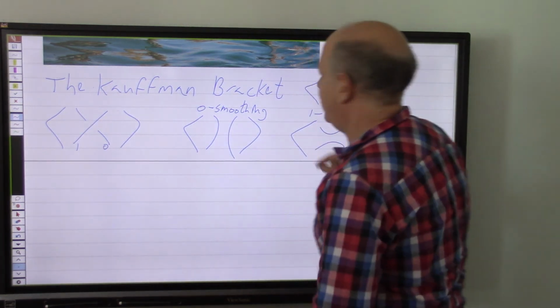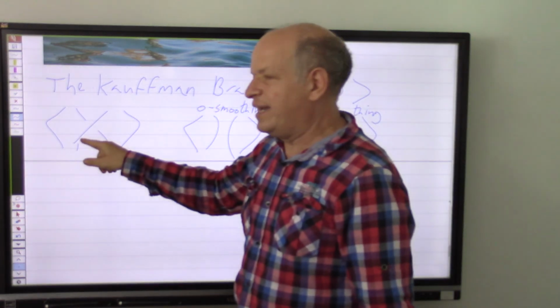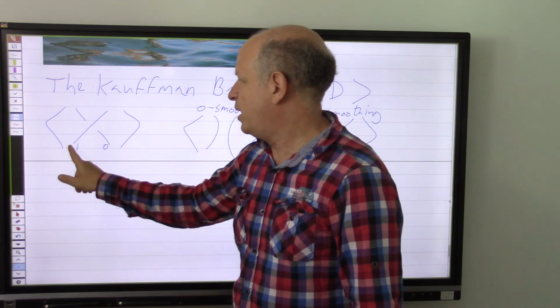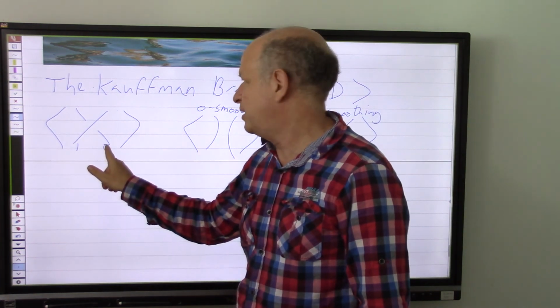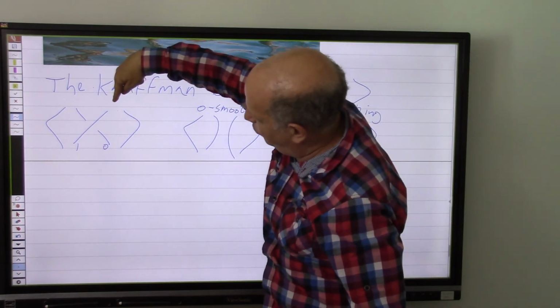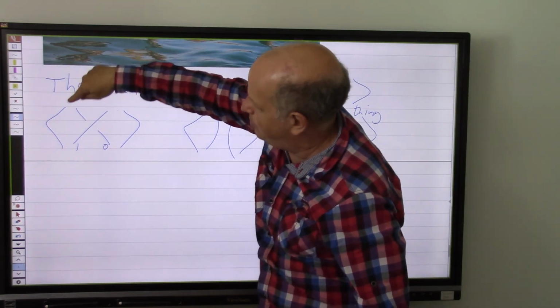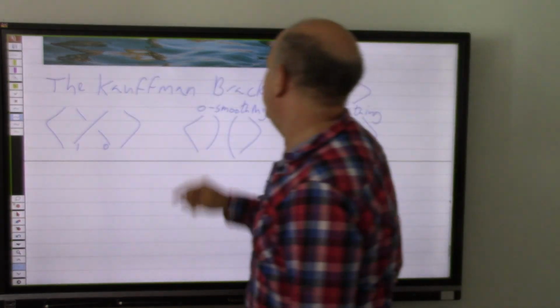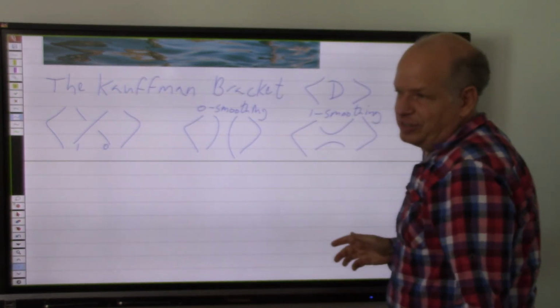And the one smoothing is if you enter at level 1 and turn right. If I enter here at level 1 and turn right, I come out here, that's this line. Or if I enter on the other side at level 1 and turn right, I come out there, that's that line. Okay?